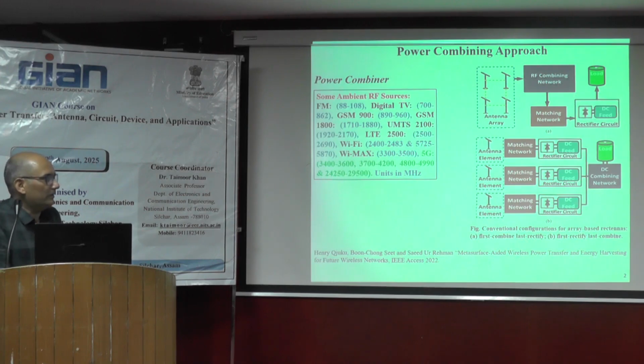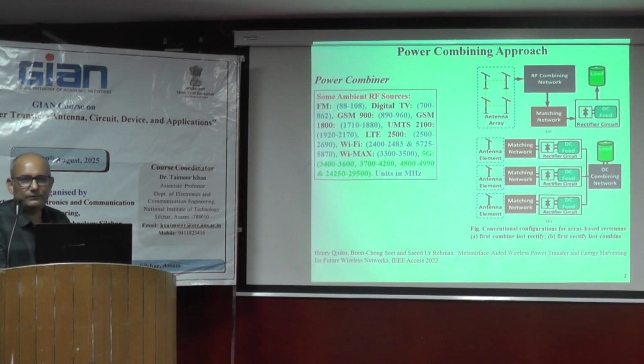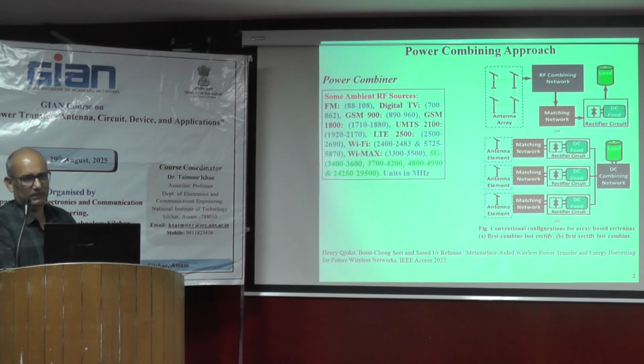This has a specific reason, where the ambient energy is very small. Then you combine all ambient energy of different sources, and the output of that combiner will be sufficient to excite the rectifier part. That is the theme behind that.